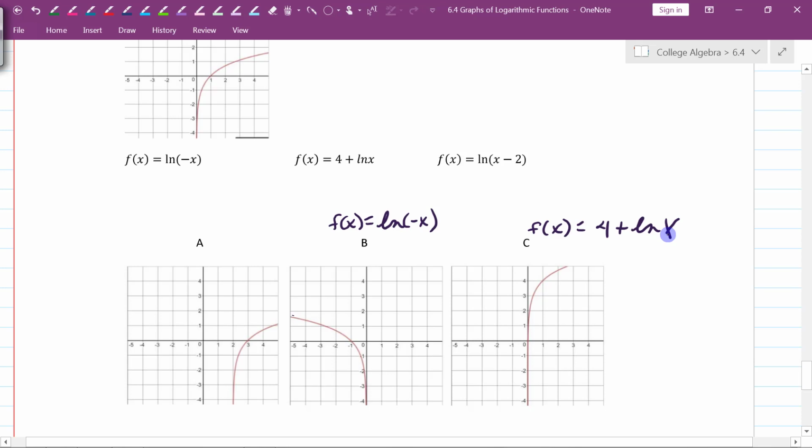Okay? And then this one right here is a shift in the positive direction 2 units. We take our one known point and we go 1, 2. And there you have it. So A is f of x is equal to the natural log of x minus 2.